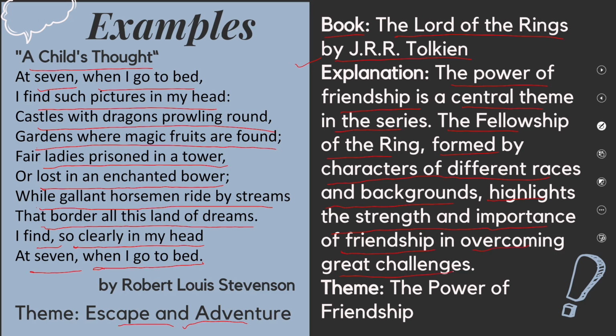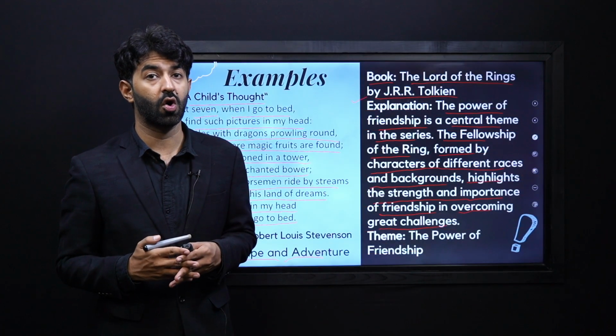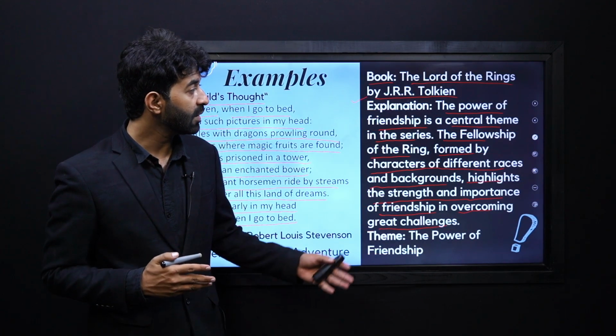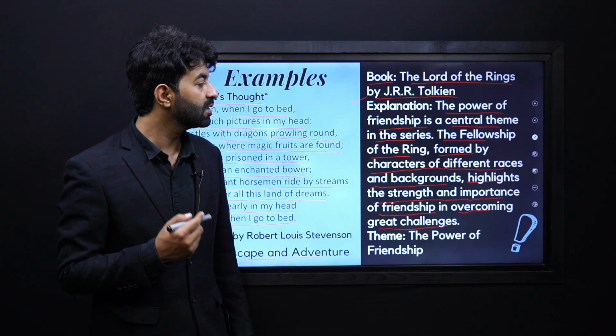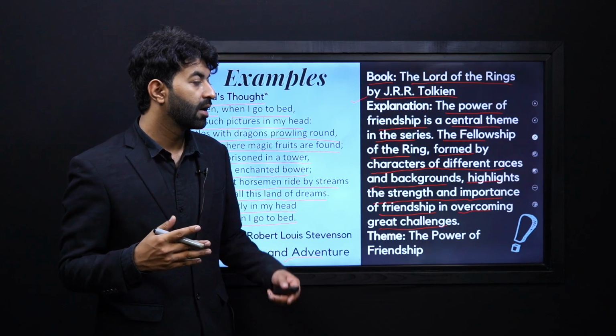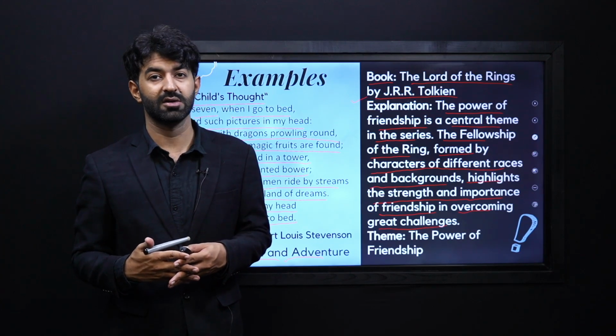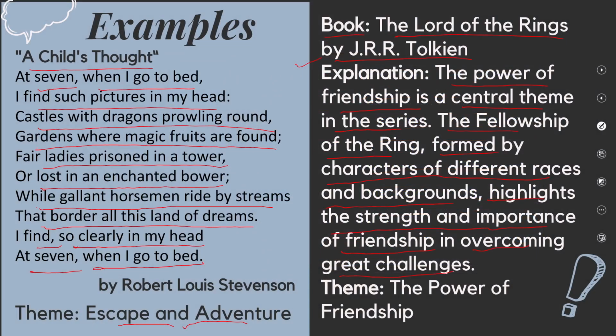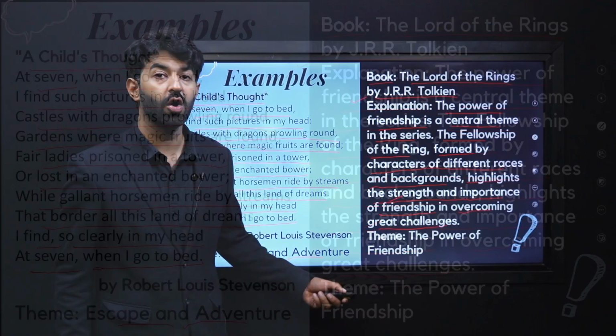Now, this is a summary, a very quick gist of The Lord of the Rings, and the whole central theme is about all these different characters coming together and forming friendships in overcoming the greater challenges that they faced. So the theme is the power of friendship.